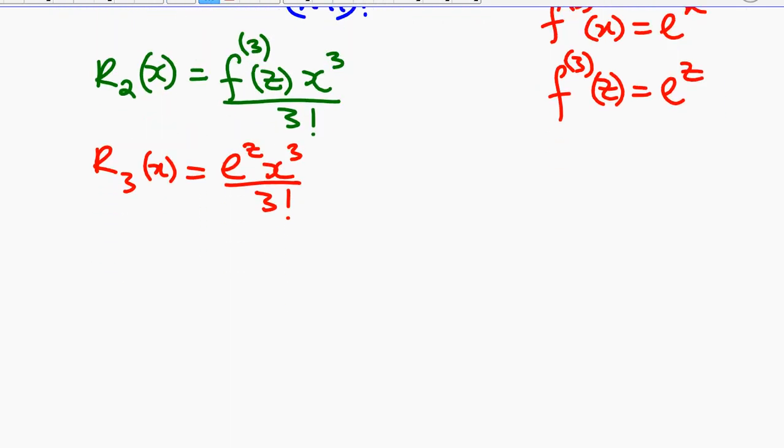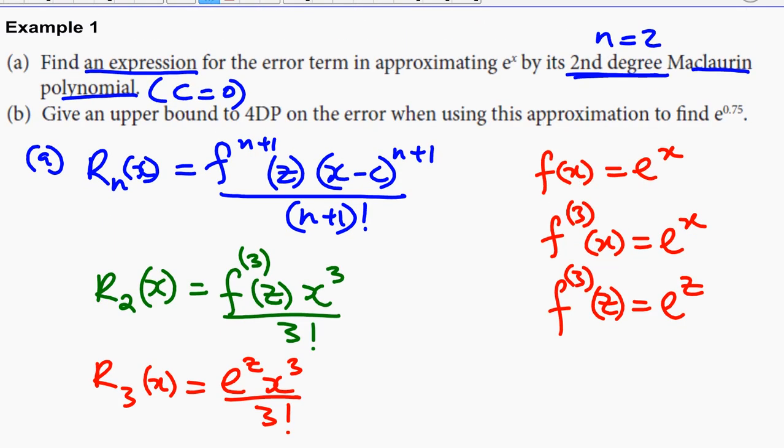So the second part is: give an upper bound to 4 decimal places on the error when using this approximation to find e to power 0.75. So now here, this means x is equal to 0.75.